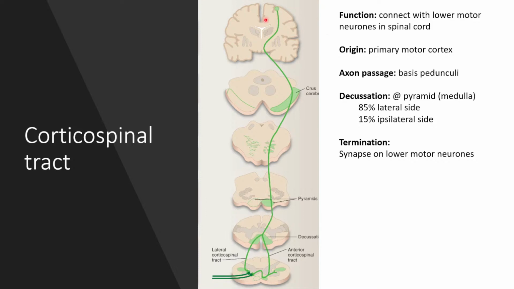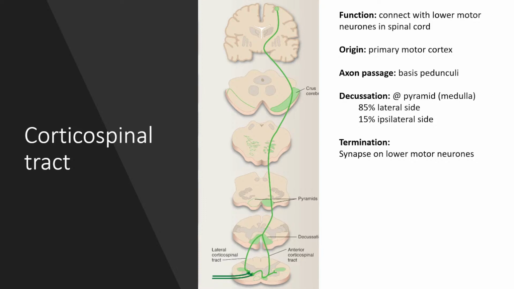So they start in the primary motor cortex. They pass through something called the basis pedunculi. They decussate at the pyramid, so that's the medulla, so it's always at the medulla. 85% crossover, 15% are on the same side. And it goes down and down and down. And then it terminates towards the lower motor neuron.